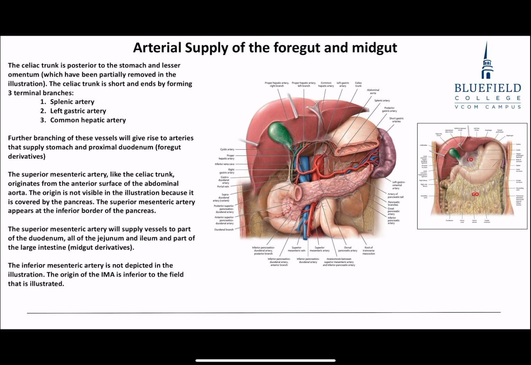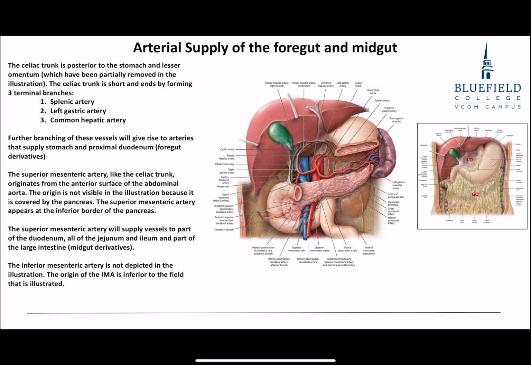But for our purposes, it's going to be giving off a lot of branches to foregut organs, including the pancreas. But I'm thinking we don't have to talk about the pancreas now, and we will talk about the details of that later. It will also give rise to some vessels that supply the stomach, and we don't need to name those.